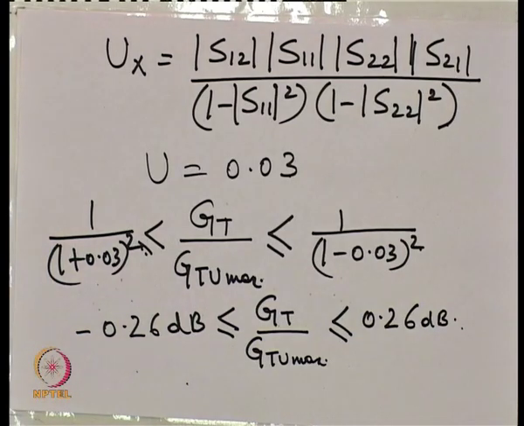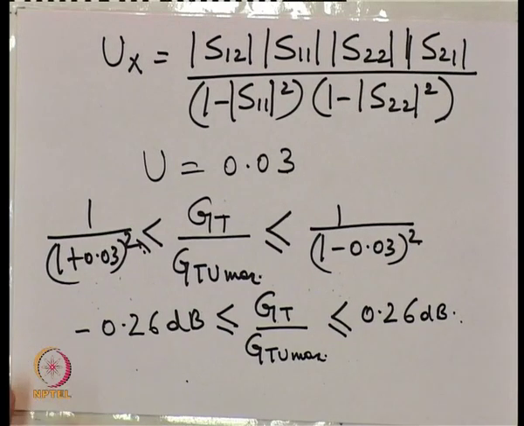So this GT upon GTU max, if it is not within this range, then we have a problem. We cannot do that unilateral approximation that we have been doing.